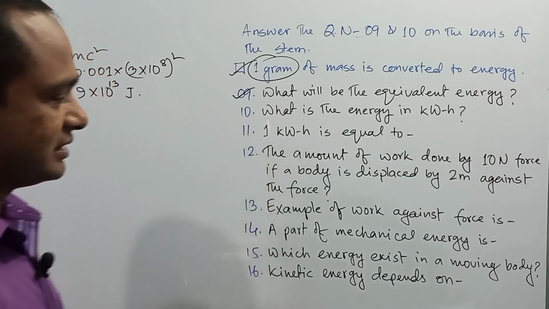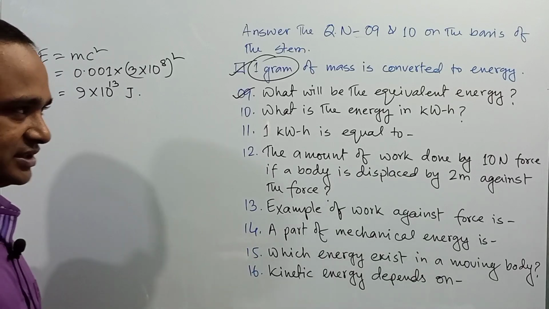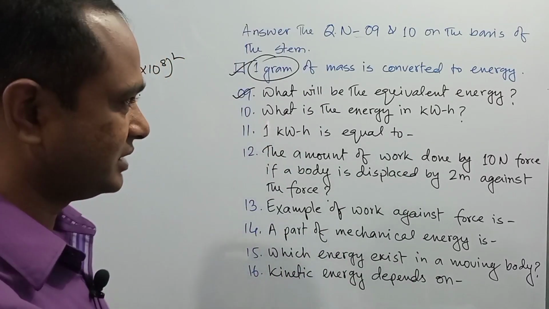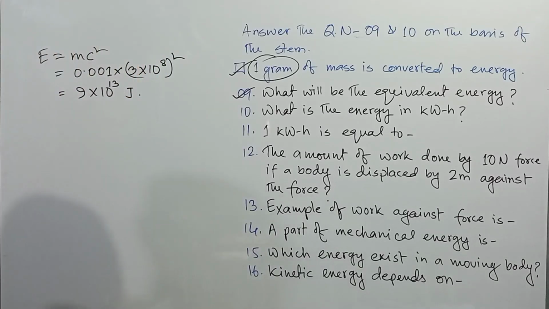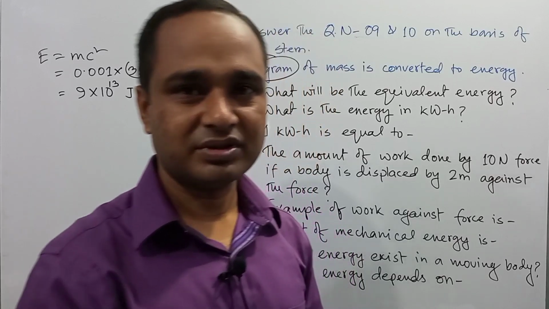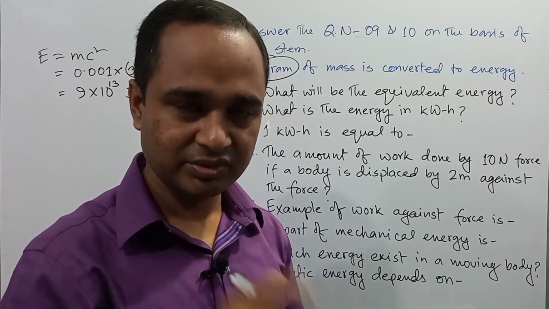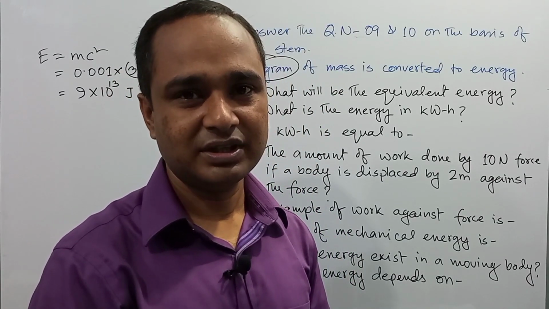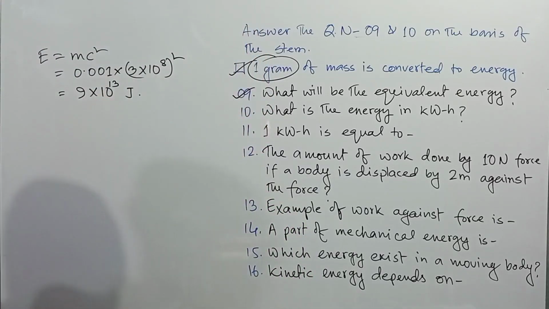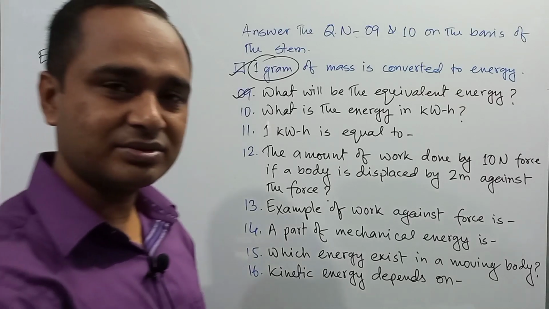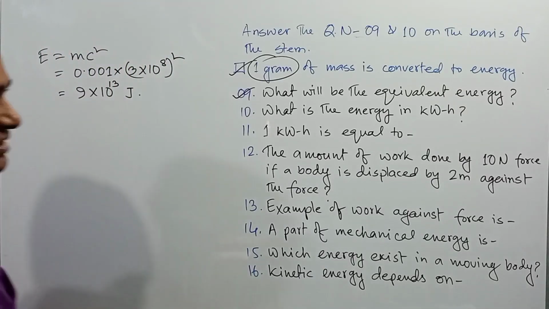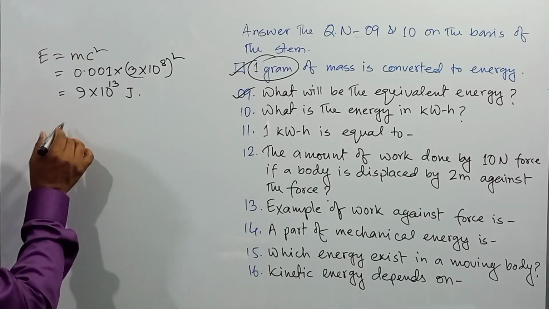So what will be the energy in kilowatt hour? Dear student, you know, kilowatt hour is a practical unit of energy or work. 1 kilowatt hour is equal to 3.6 into 10 to the power 6 joule. So if we divide this value by 3.6 into 10 to the power 6, then we will get the amount of energy in kilowatt hour, right?